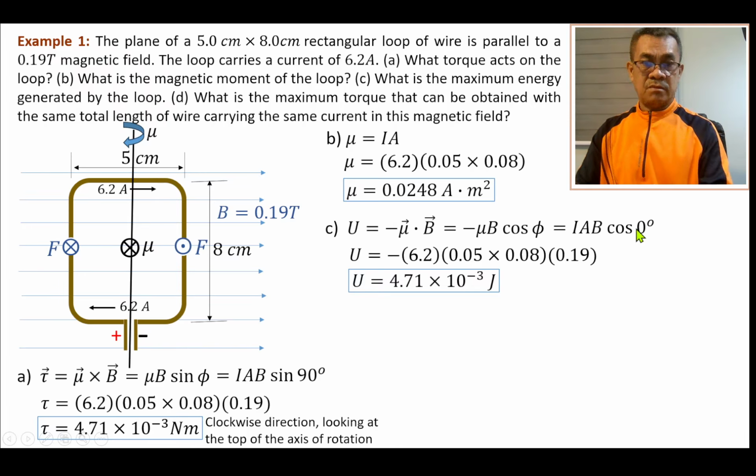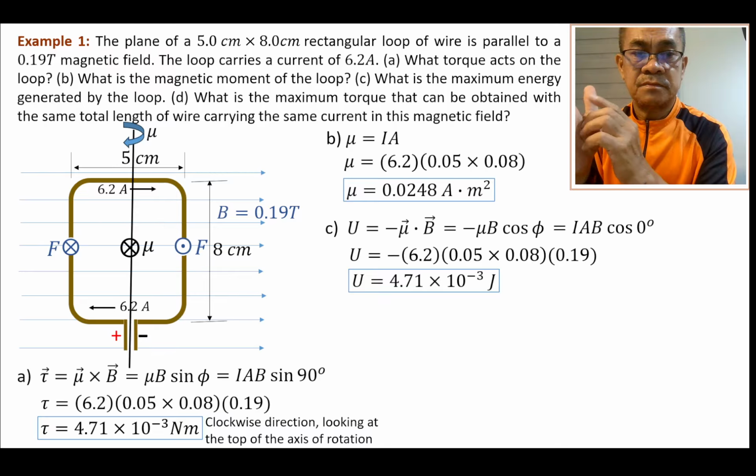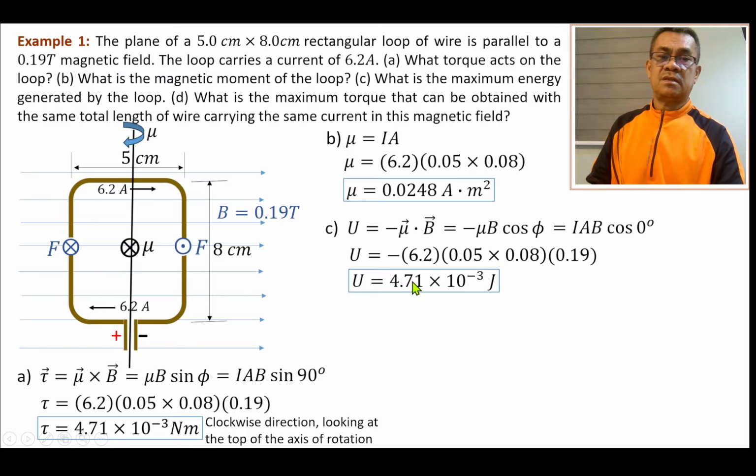So when mu is 90 degrees, the energy is 0. But at that point, our energy is 4.71 times 10 to the 3. So this is now the maximum, and the minimum is 0.